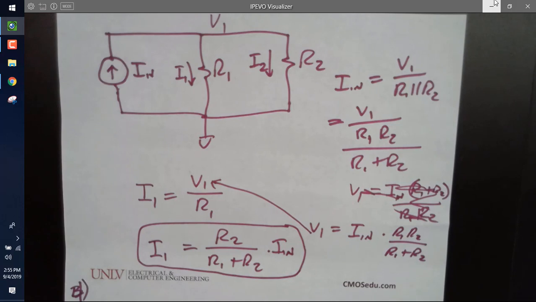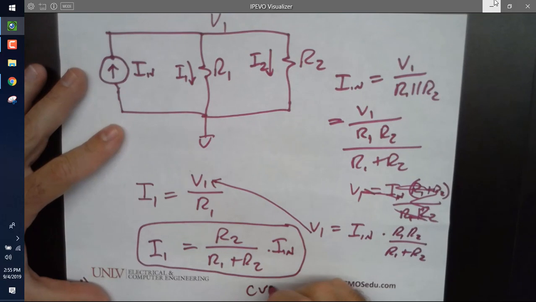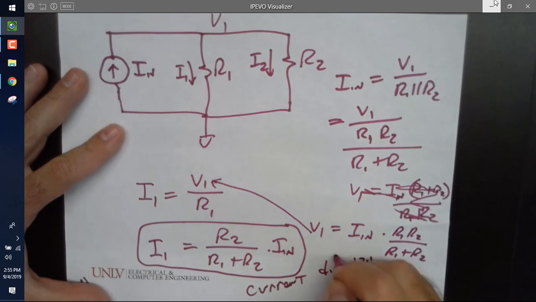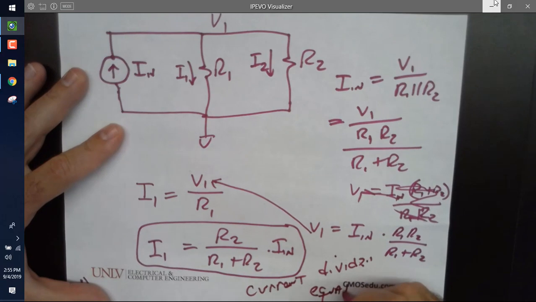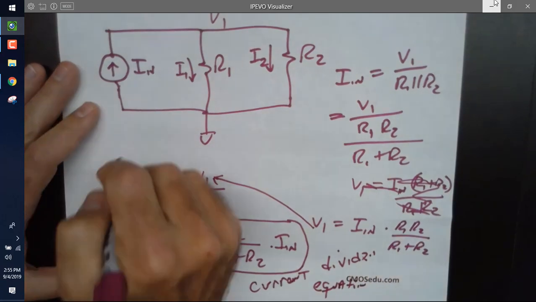Yes? No, just for when you have a current that divides. And so that's what I was going to do. I'm going to put here, this is the current divider equation. And what is I2 then?